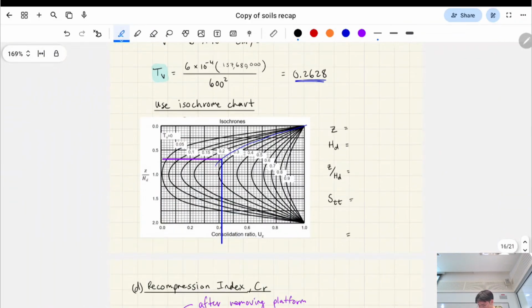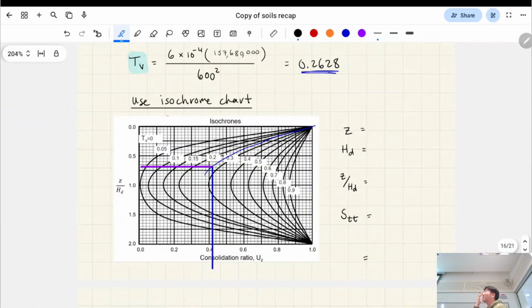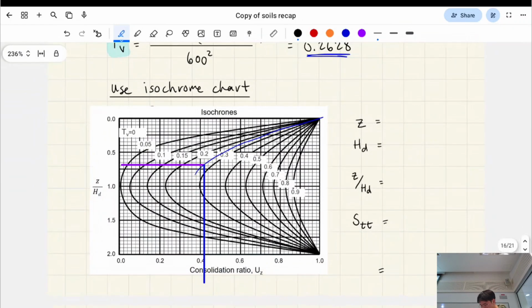Now we're going to use isochrone's method, right? So you have to start using isochrone's method whenever you're analyzing a point that's not in the middle of the clay layer, right? So again, our point was a little bit above the middle. So Z is going to be 4 meters because that's point A, right? Point A was 4 meters, right?